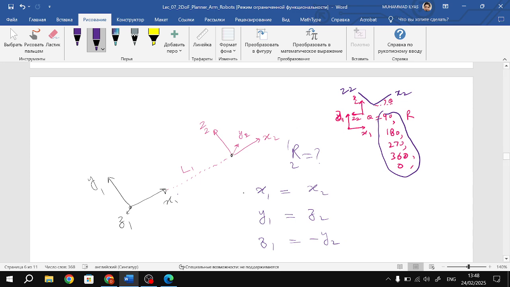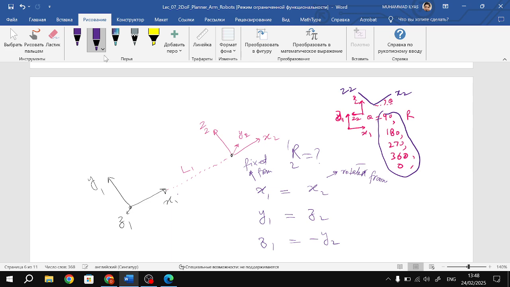So first you decide, let's say this is a rotated frame: your frame 2 is rotated with respect to frame 1, and this is your fixed, previous frame.